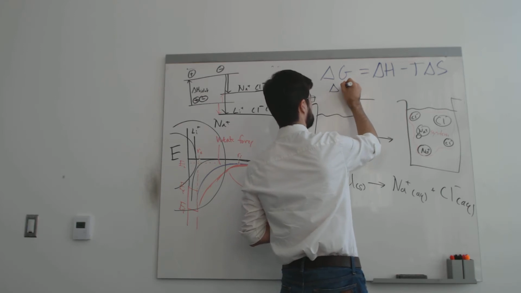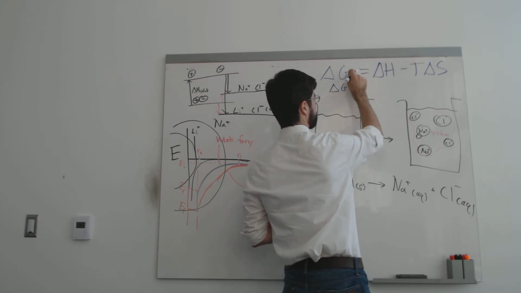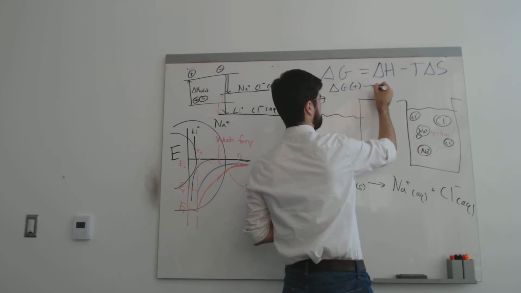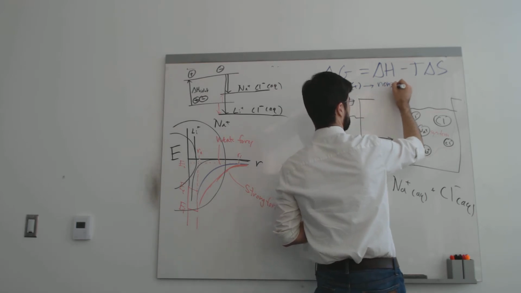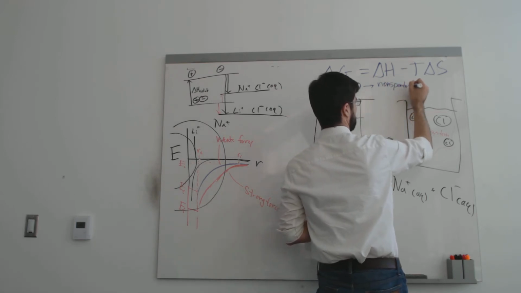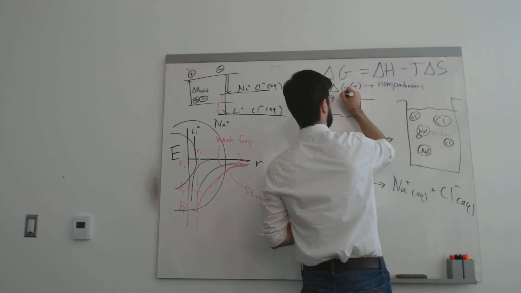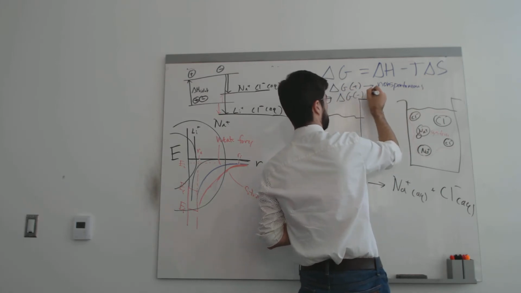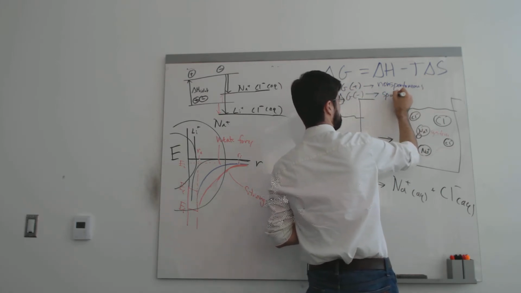If something has a positive Gibbs free energy, we will say it is non-spontaneous. And if something has a negative Gibbs free energy, we'll say that's a spontaneous process.